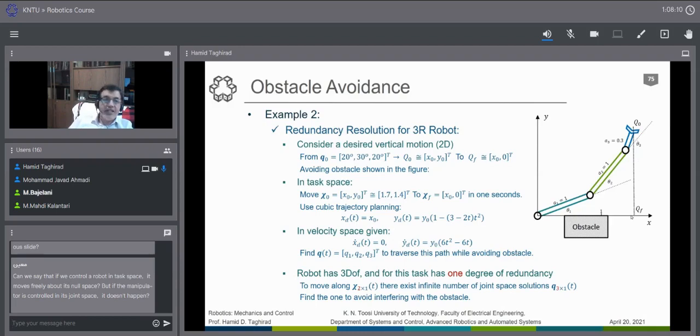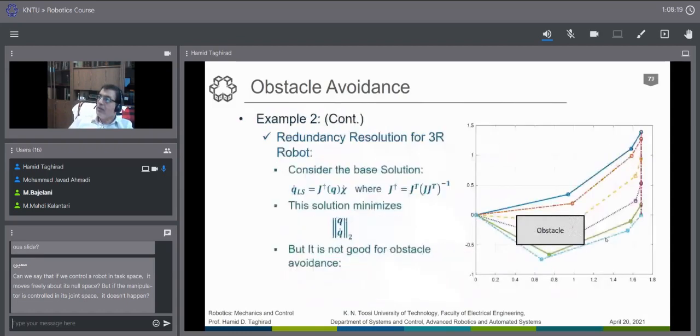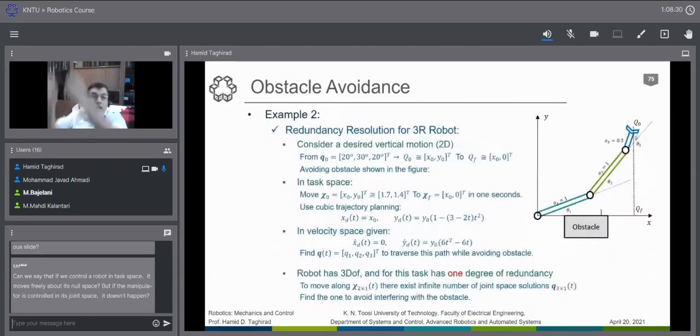And then you would like to reach this point very easily. And you can feel that if you just move down, you will interfere with the obstacle. It is not easy to move down. It is not correct to just move down. You should do it some other way.